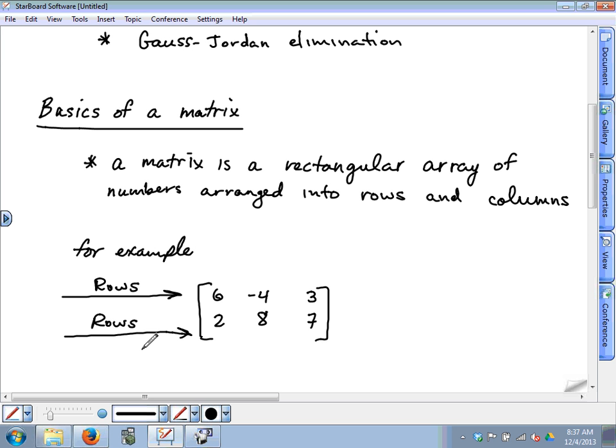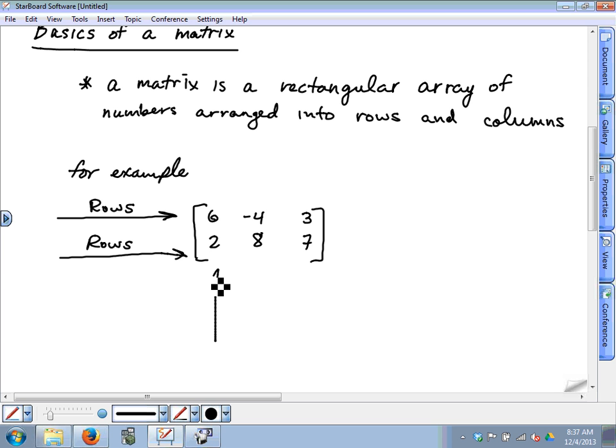So horizontally are the rows. Vertically, these are the columns. A particular number inside of a matrix is what's called an entry. So this number right here, for example, that's an entry.